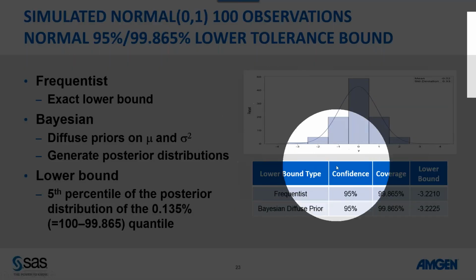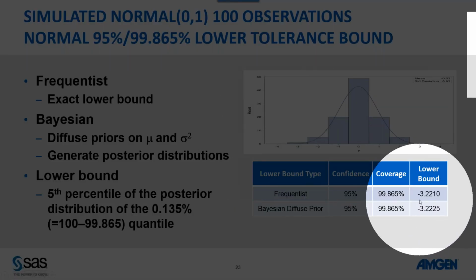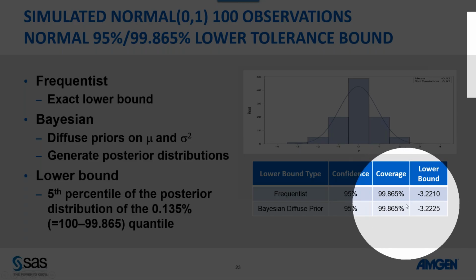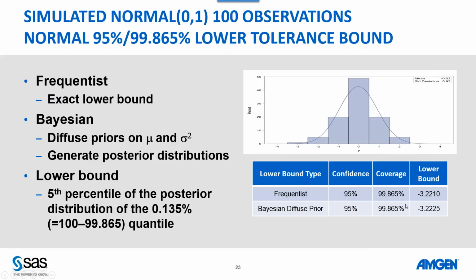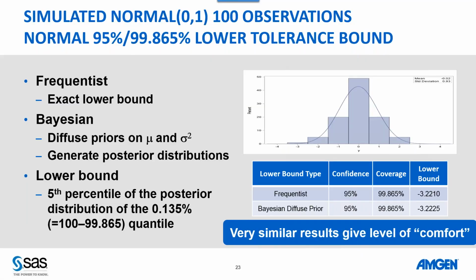I'm going to highlight the numbers. The top row is the frequentist, the bottom row is the Bayesian. These are very, very similar results. We are using the word comfort on purpose because we're trying to dispel some of that suspicion. Fan was just talking about matching things. In some cases, you can match the results.